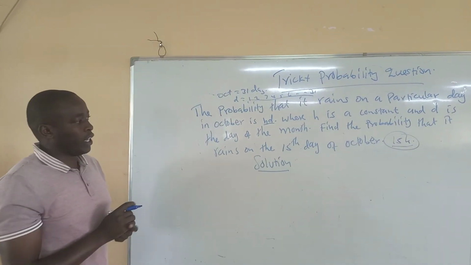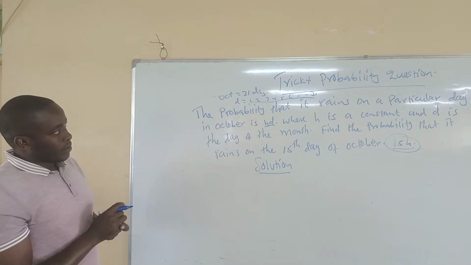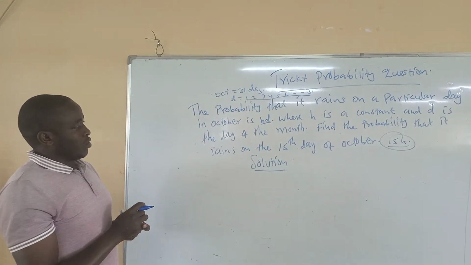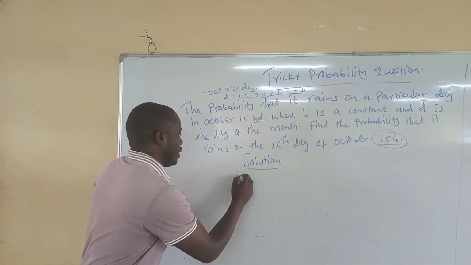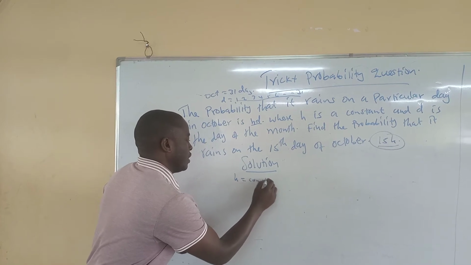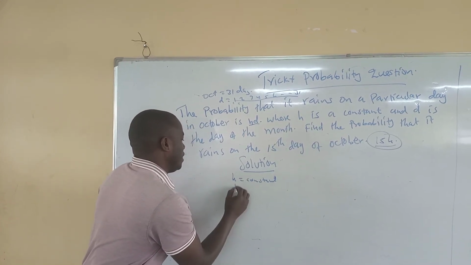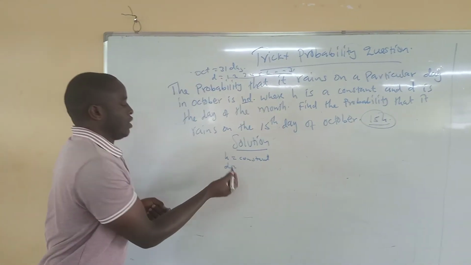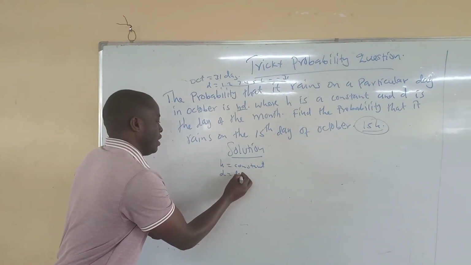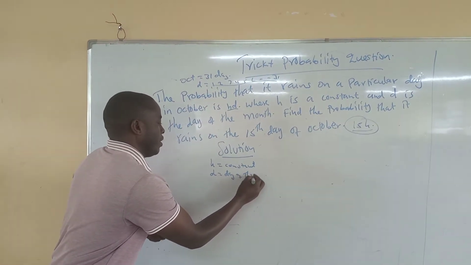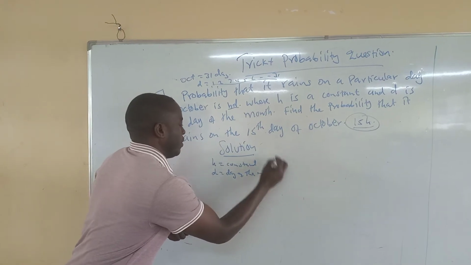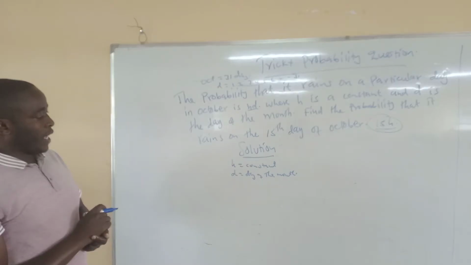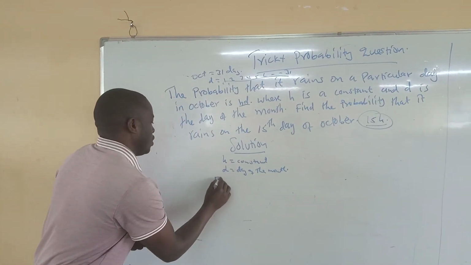And how can I find H? We have said H is a constant and D is the day of the month.